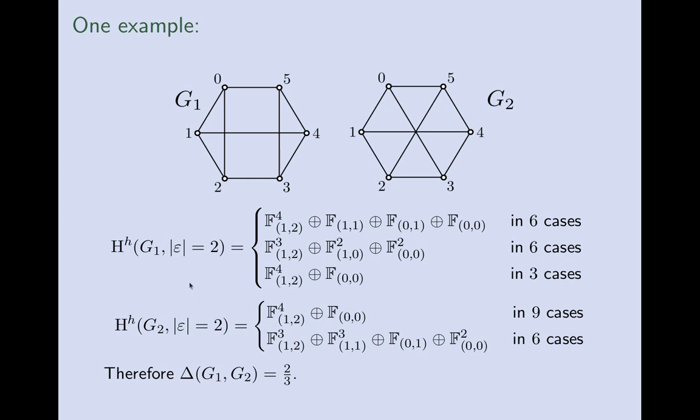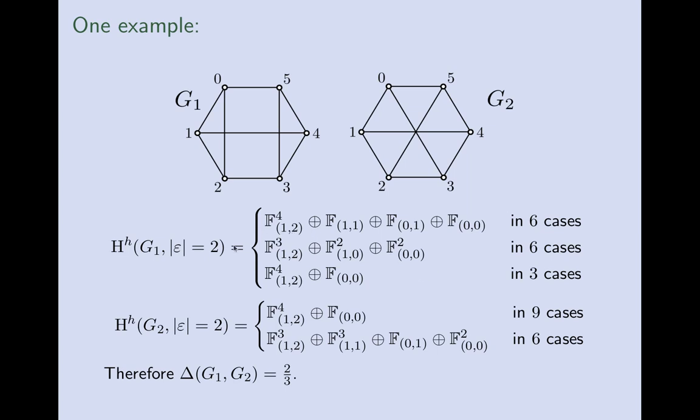So we can compute the horizontal homologies of G1 and G2 in level equal to 2, which just means that we will color in black exactly 2 vertices inside these graphs and look at all possible horizontal homologies with these colorings, and then collect the ranks and gradings of all the elements inside these homologies into these theta invariants.